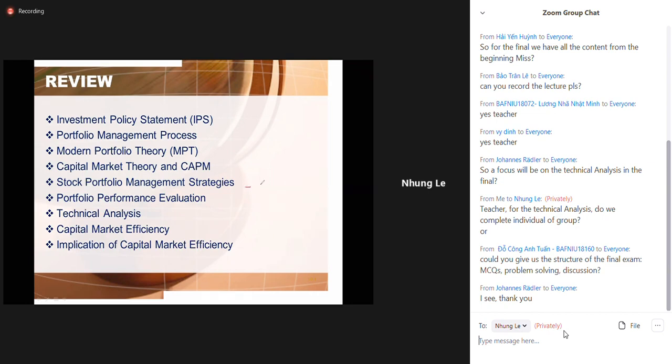First of all, we have MCQ questions. They may account for 40 points, covered from this topic: stock portfolio management strategy, and performance as well. The second part, let me think, is the essay questions.